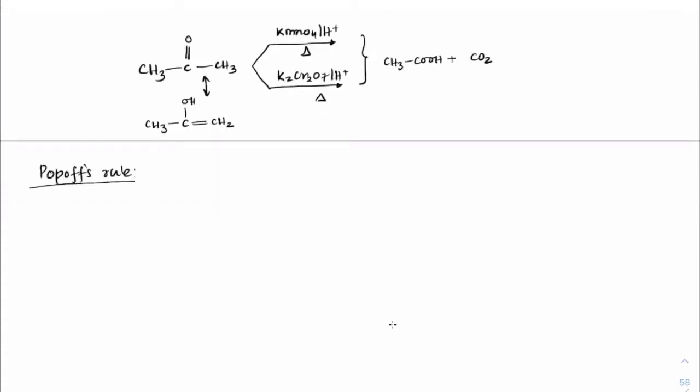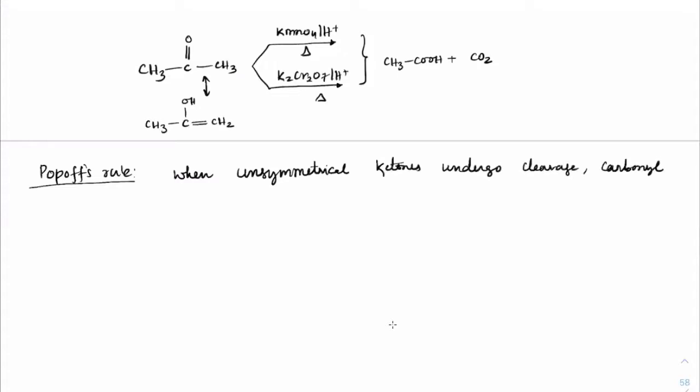Popov's rule says when unsymmetrical ketones undergo cleavage, the carbonyl group goes with the smaller alkyl group.